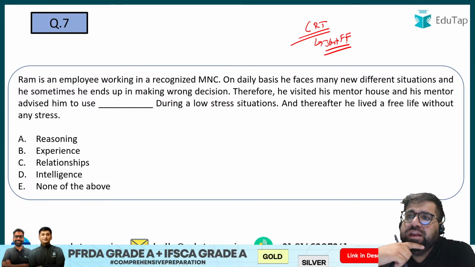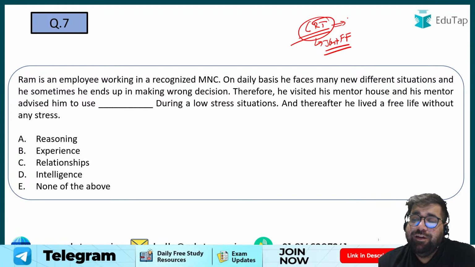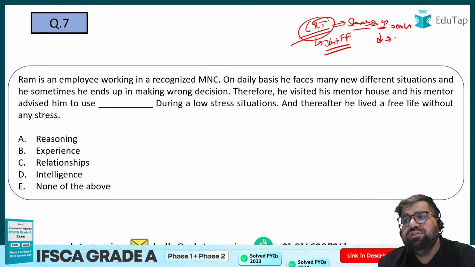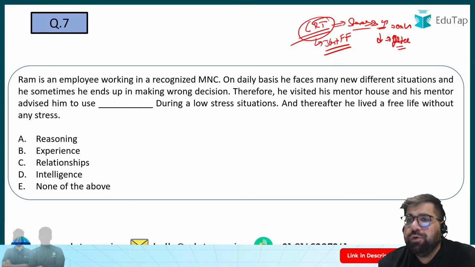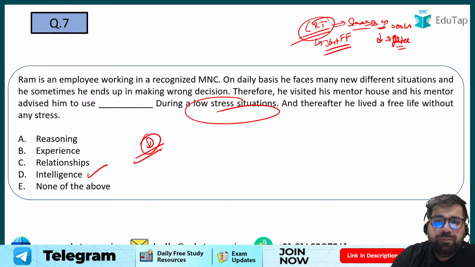Now, in cognitive resource theory, the major deciding factor for which kind of leadership style to use depends upon stress. If stress is high, then you use experience. If stress is low, then you use your intelligence, the mental aptitude. Okay. So if stress is low, then definitely you have to use your intelligence. Therefore, the correct answer will be option D.